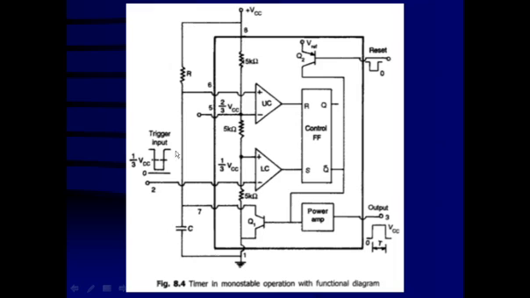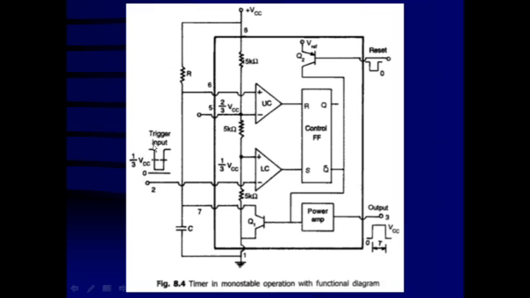This capacitor is charging through the resistance R. Normally, this transistor is on. So what happens? The capacitor cannot be charged, and the potential across the capacitor is going to be 0. So it remains 0, initially, and this voltage was 2 by 3 VCC.